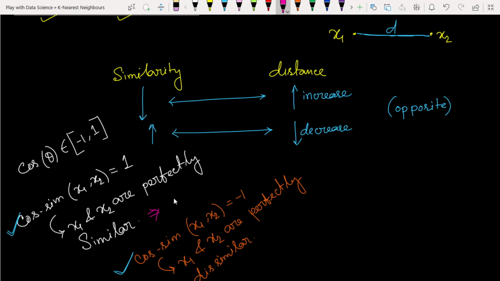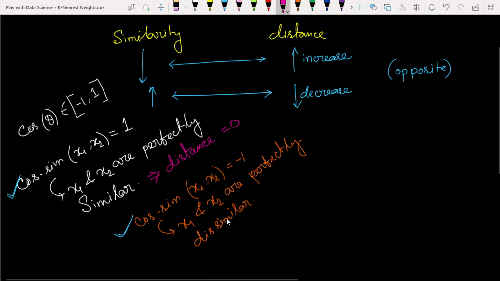In such a case, we want to construct a function so that our distance will be equal to 0. If it is perfectly similar, then there is no distance. And if it is perfectly dissimilar, then our distance will be increased. Let's take our distance as, suppose, 2.